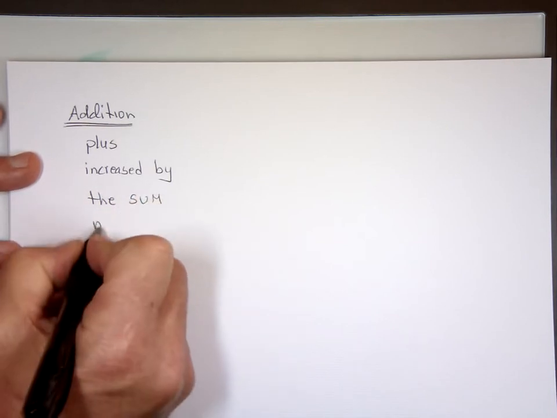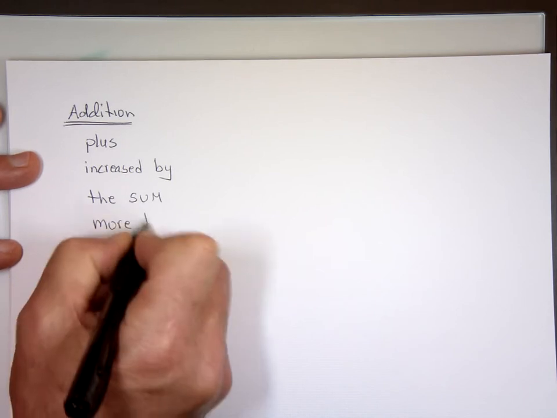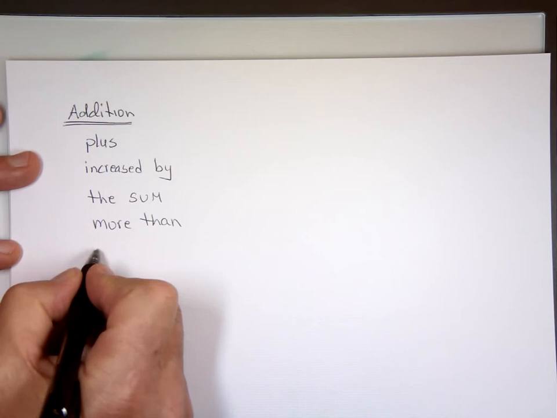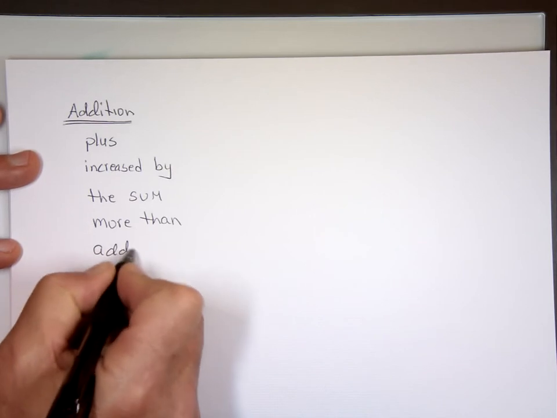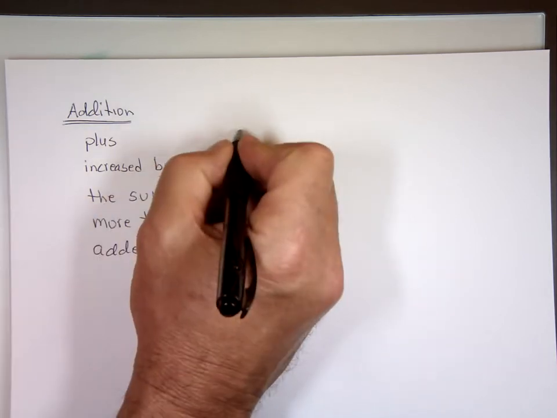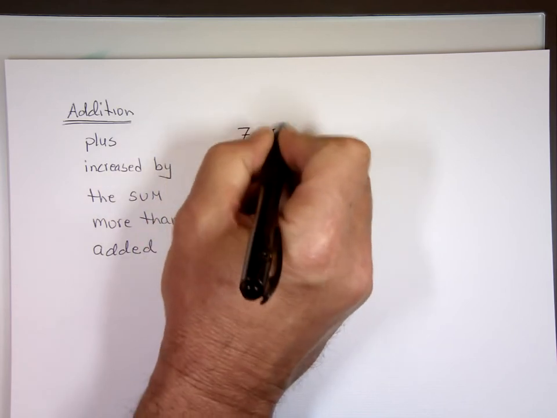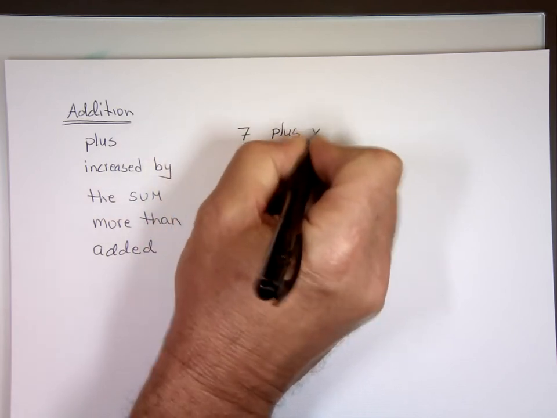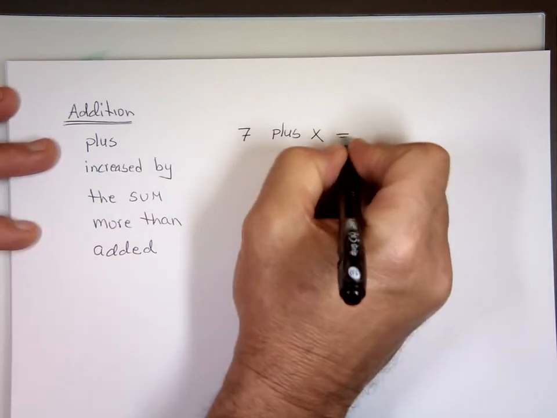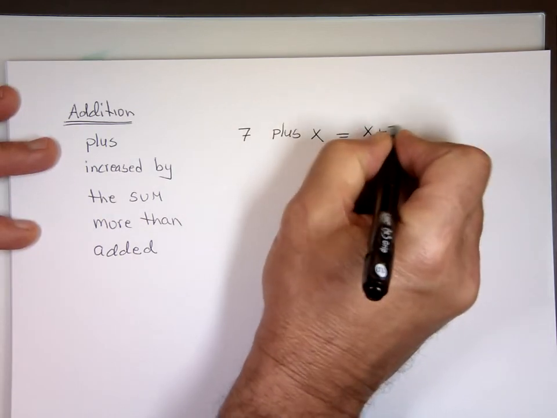More than. Added. All of these let you know you have an addition. An example, 7 plus x. So when you see a statement like this, that's the same as x plus 7.